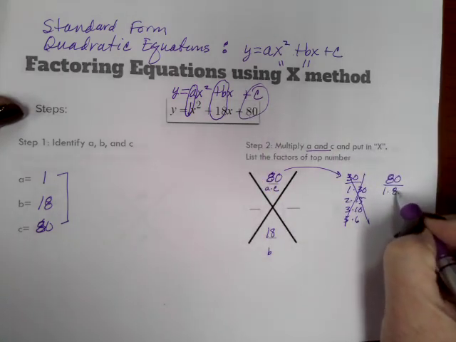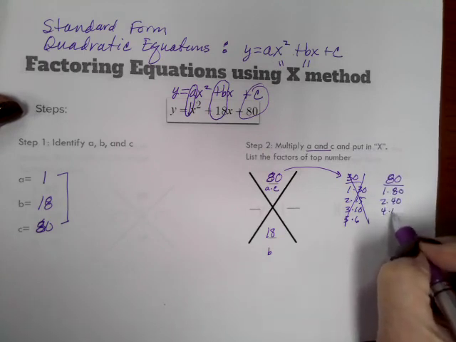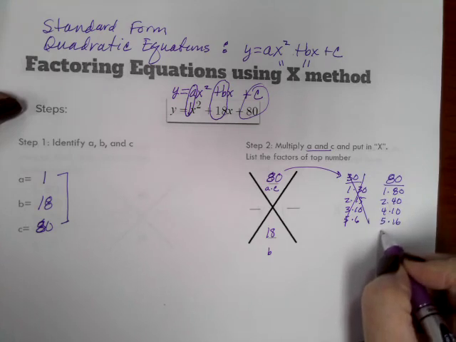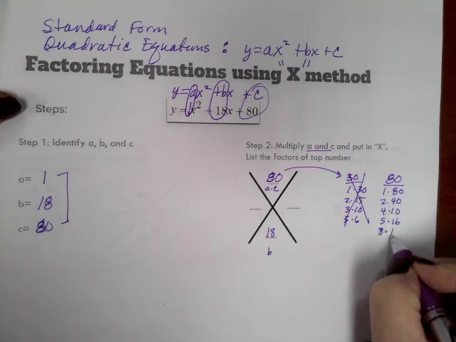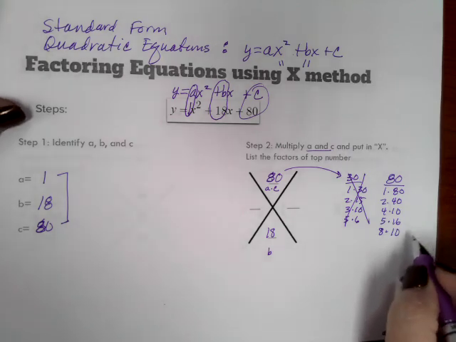So 1 times 80, 2 times 40, 3 won't work, 4 and 20, 5 and 16, 6 won't work, 7 doesn't work. 8 works. And 9 doesn't work. 10 we already have. 11 and 12 do not work.